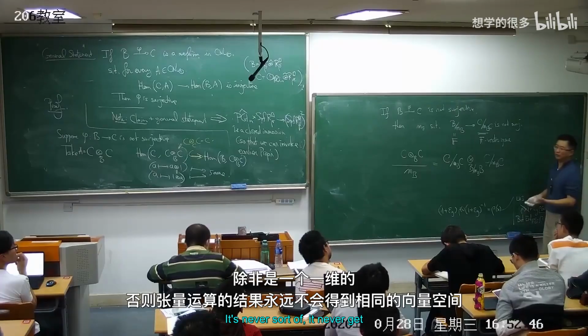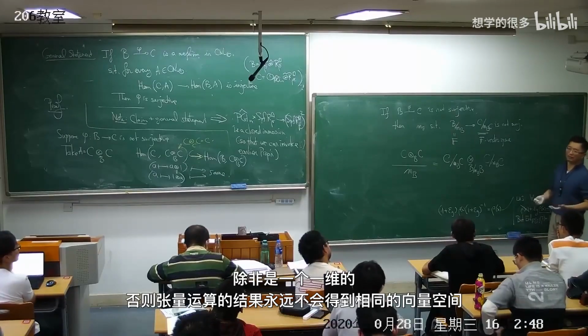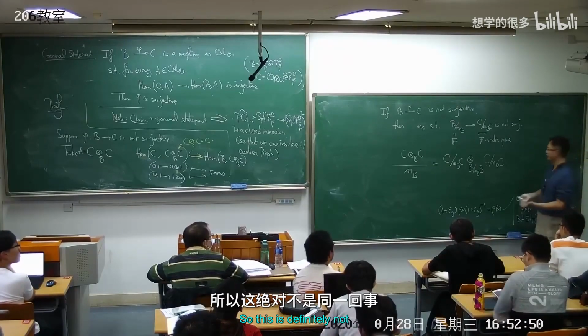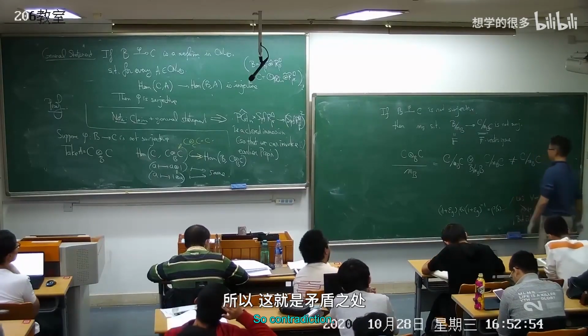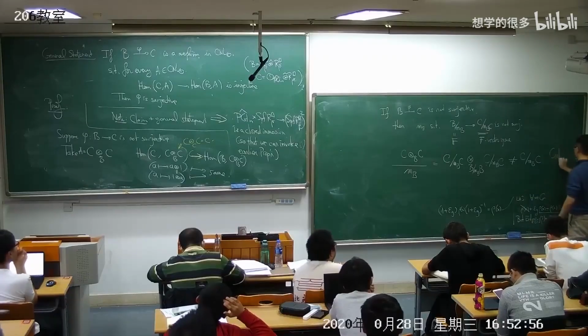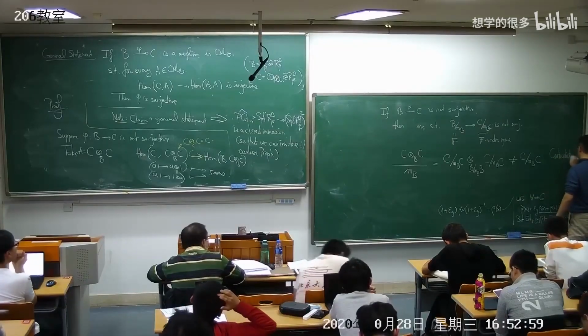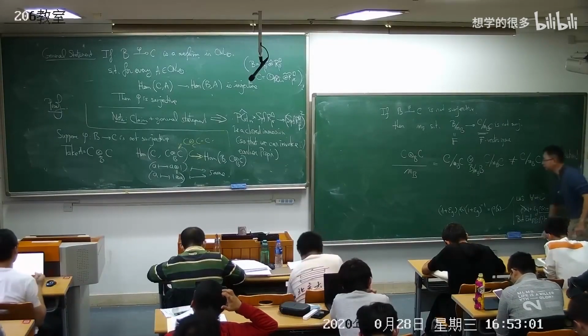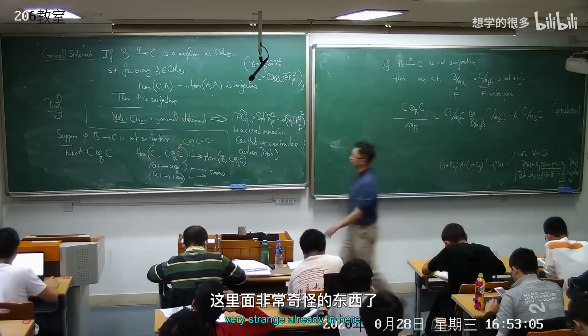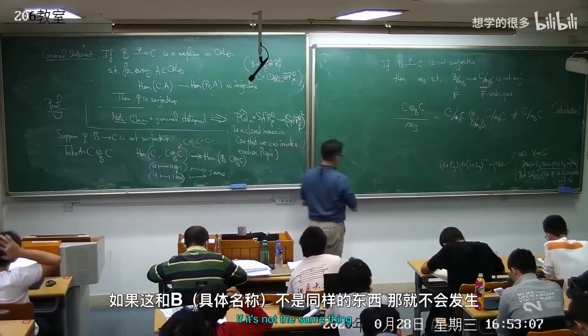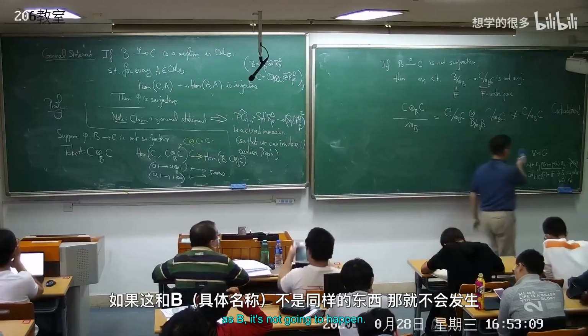You never get the same vector space unless you're one-dimensional. So this is definitely not the same thing as C mod. So, contradiction. Even before that, we already see something very strange. If C is not the same thing as B, then it's not going to happen.